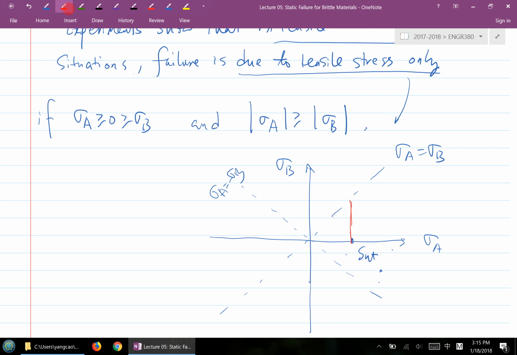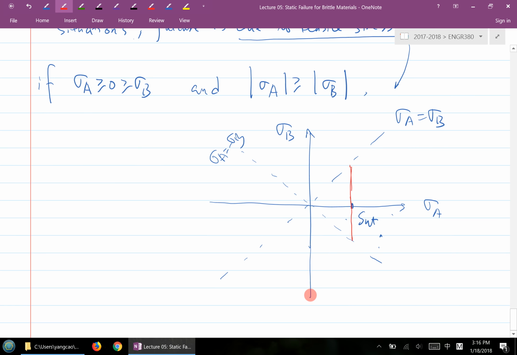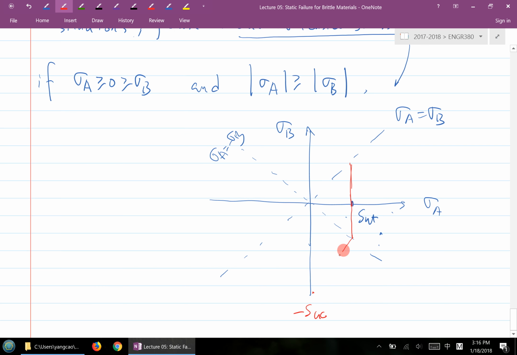So the modified mohr theory says to keep going and draw a vertical line for this portion. That's what the modified mohr theory is doing, and here's your SUC. What happens if the absolute value of sigma A becomes less than the absolute value of sigma B? It's not tensile stress dominant anymore. Then the modified mohr theory connects from here to here with a straight line.